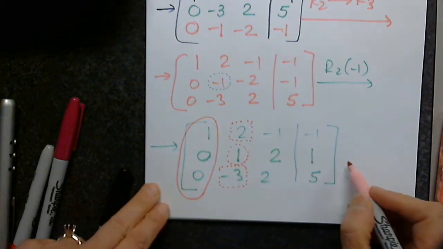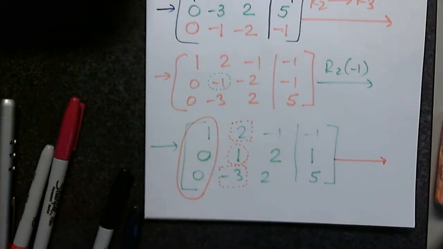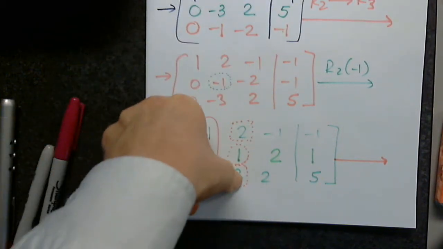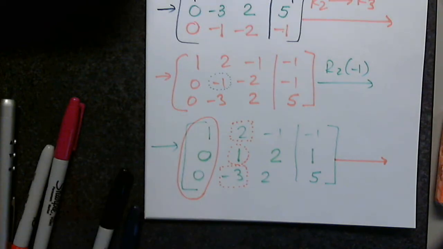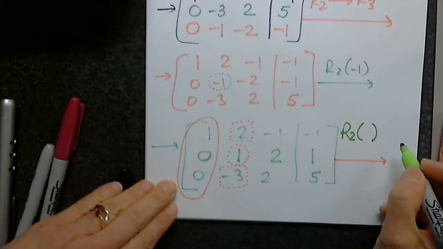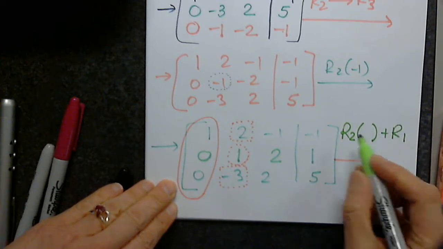I will have to use which row? Which row will I be using for accomplishing the 0 here and the 0 here? It has to be, exactly, row 2. So row 2 will be multiplied by what and added to row 1?